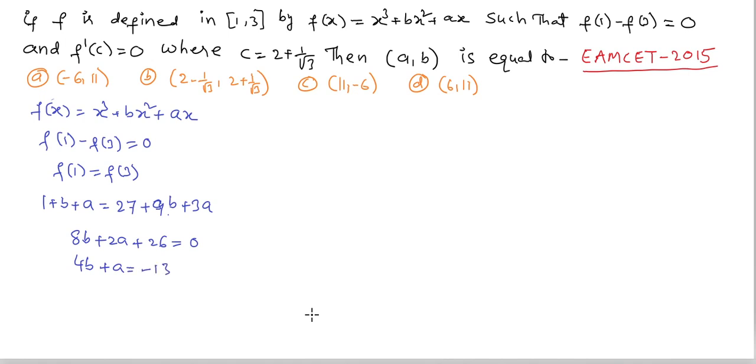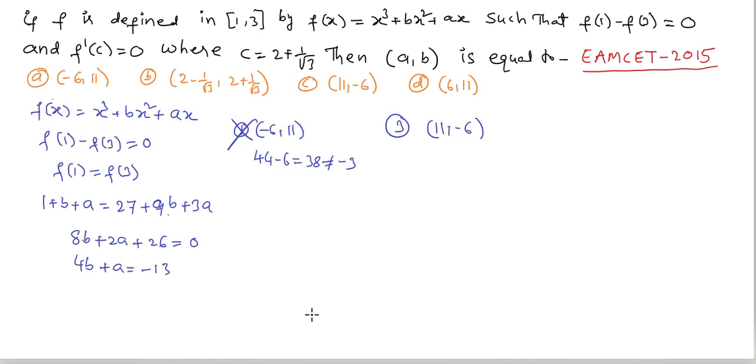So verify the first option, that is minus 6 comma 11. Substituting a as minus 6, b as 11, 4 into 11 is 44, minus 6 equal to 38, which is not equal to minus 13. First option is wrong. And verifying the third option, that is 11 comma minus 6.